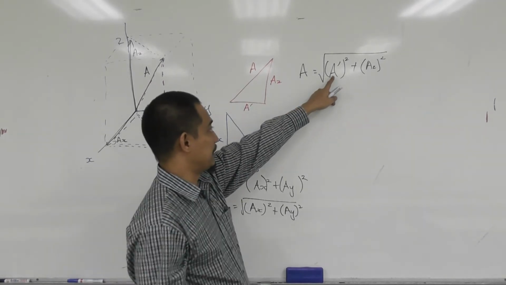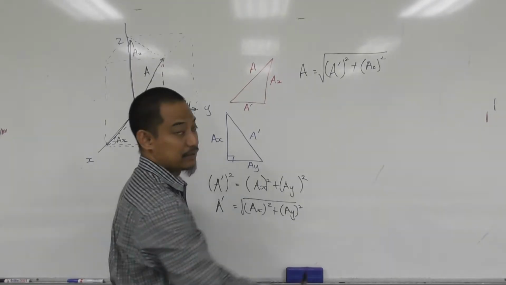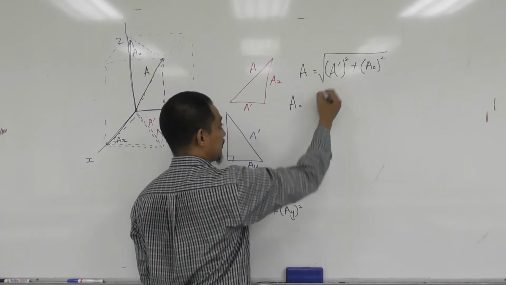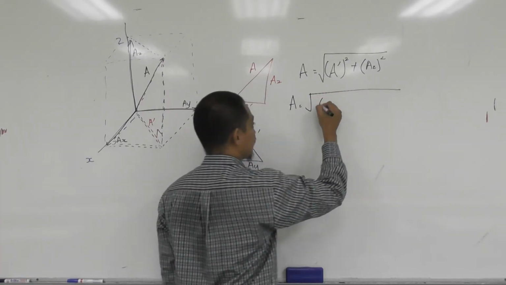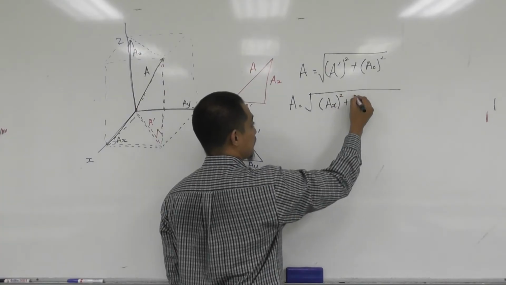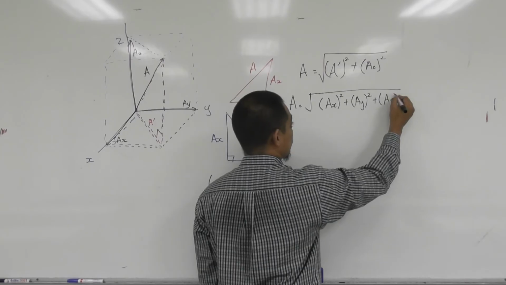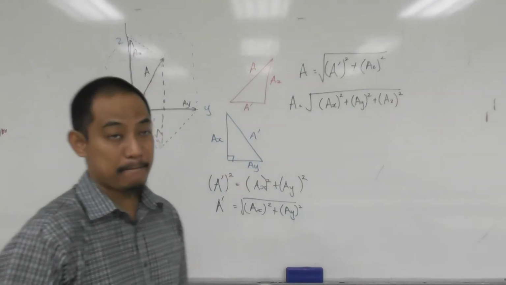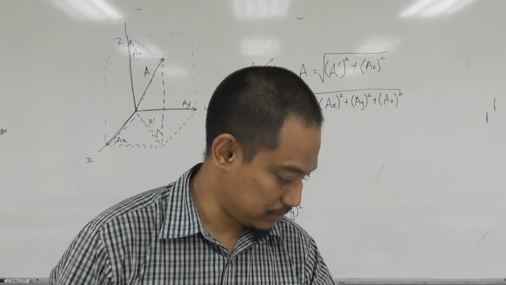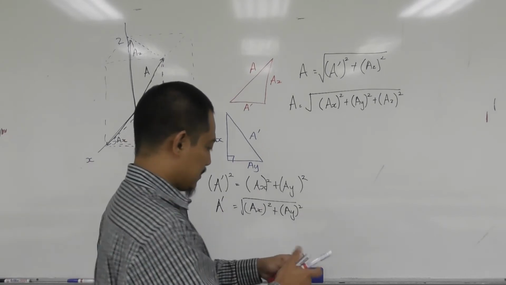And if you hit A prime squared, this is A prime squared, meaning that you can just put this there, right? So that means if you plug in there, we'll have AX squared plus AY squared plus AZ squared, right? So hence you end up with this equation, right?